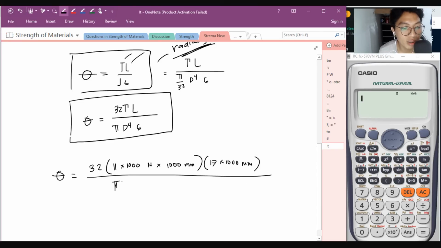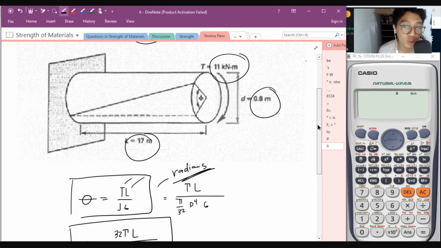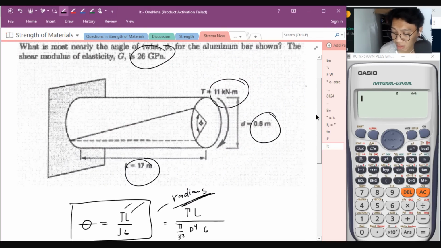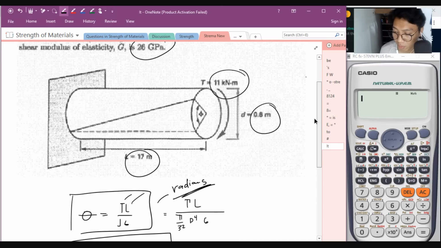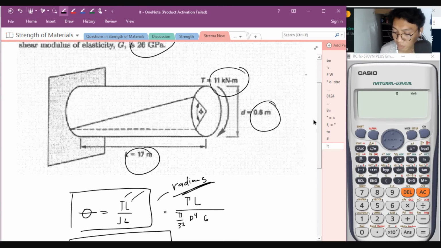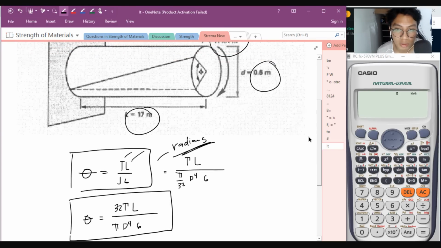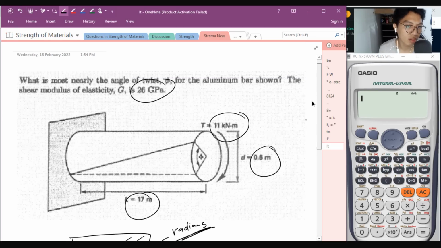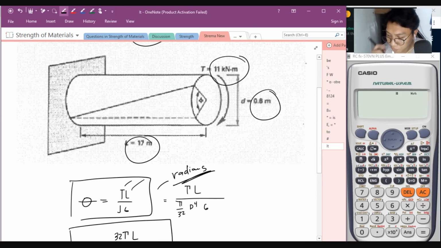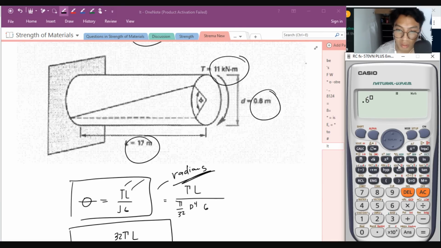Divide by pi, d to the fourth, that is 0.8 ata to. Hindi ako nagkakamali. Yun D. 0.6 or 0.8? Teka nga, 0.6 to the fourth. 0.8 to the fourth.